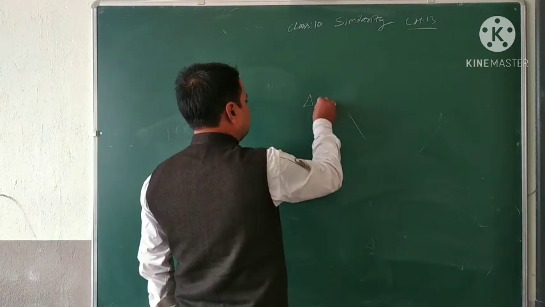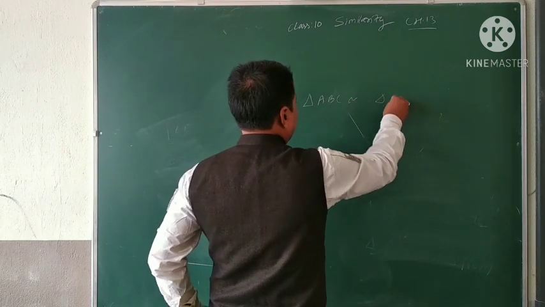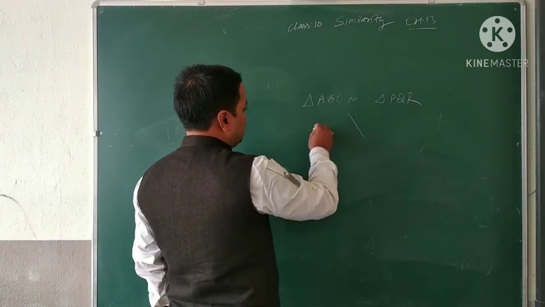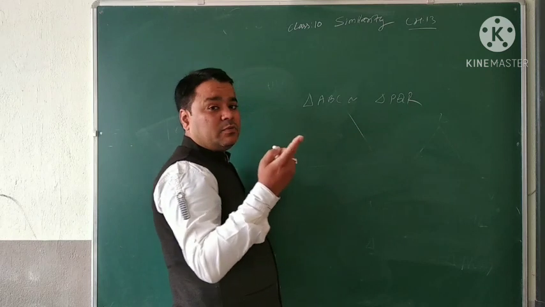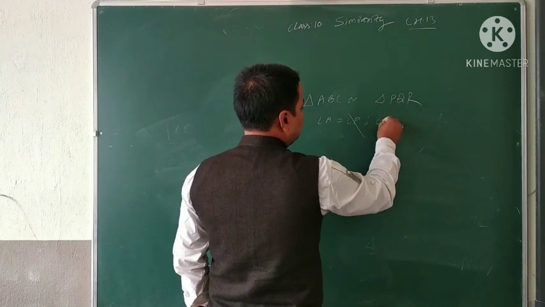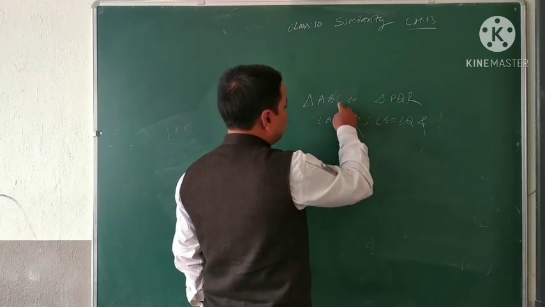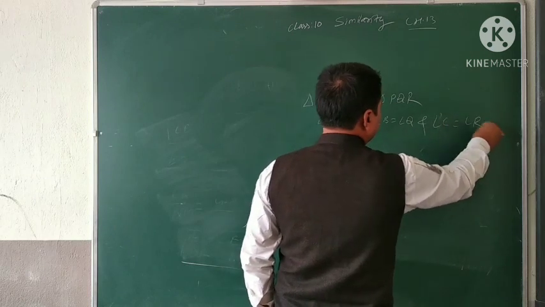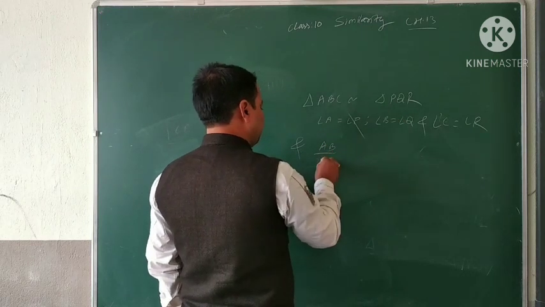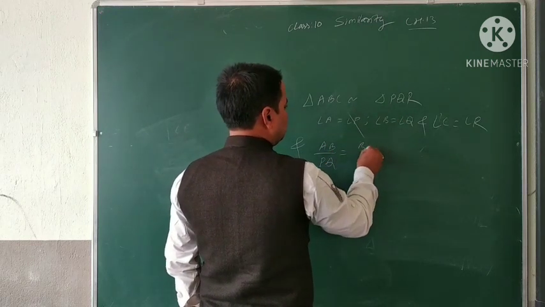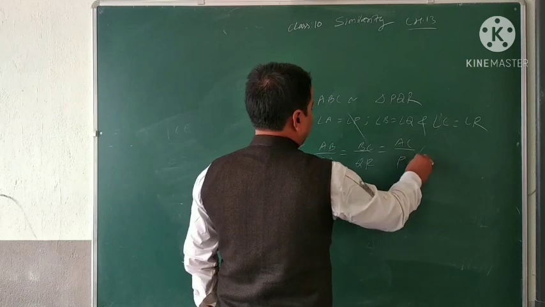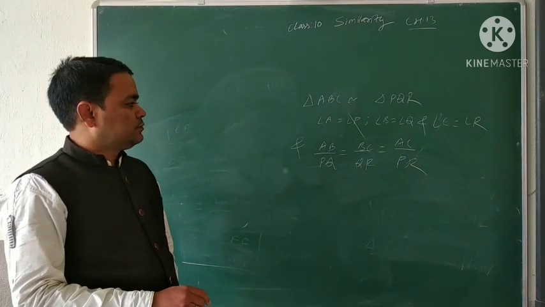If triangle ABC is similar to triangle PQR, then without a diagram we can write like this. If they are similar, then corresponding angles will be equal: angle A will be angle P, angle B will be angle Q, and angle C will be angle R, and AB upon PQ is equal to BC upon QR equal to AC upon PR.